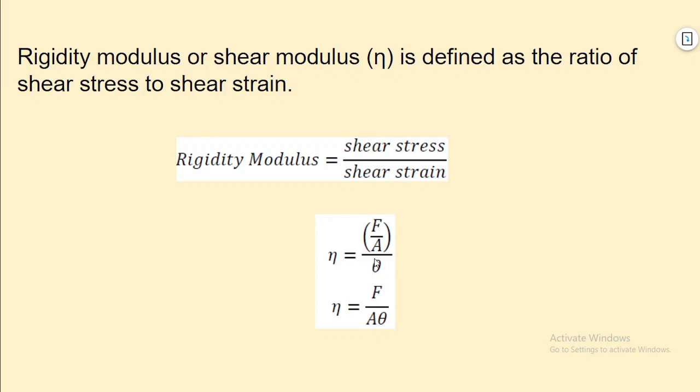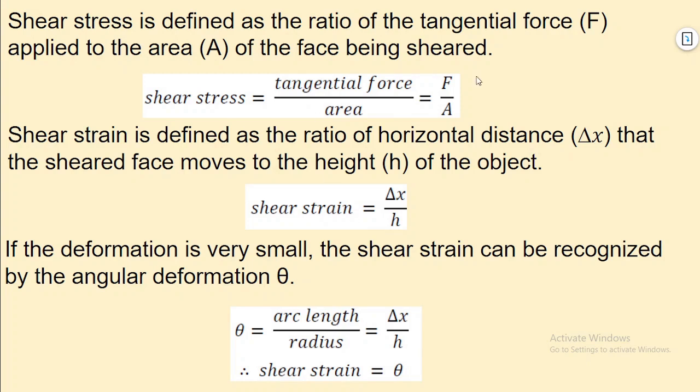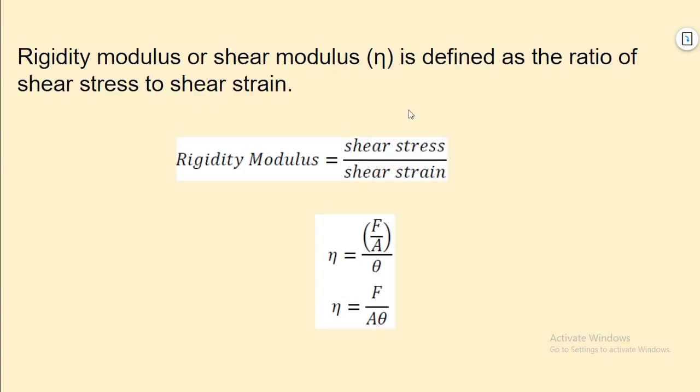So eta is equal to the shear stress, which we have already defined as force by area, F by A, divided by the shearing strain theta. So eta is equal to F by A theta. This is the expression for the rigidity modulus. What is the unit of the rigidity modulus?